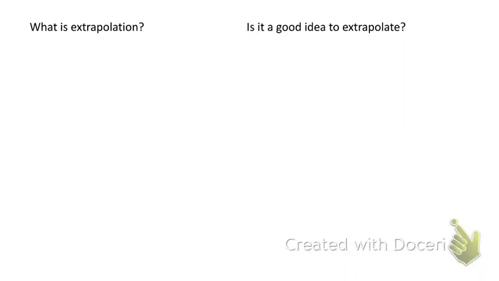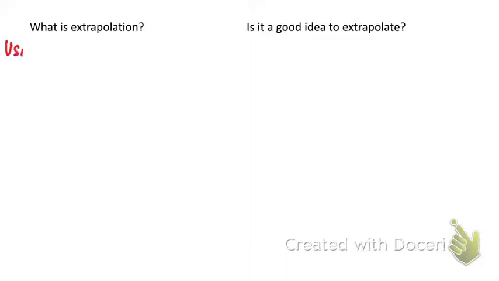Now, what happened with our problem is we took it out of the context of the experiment from 0 to 12 seconds, and we went out of context all the way up to 60 seconds. That's a problem. And what was the problem? We created soda. That we can't do. So, extrapolation. Here's the official math definition of extrapolation.